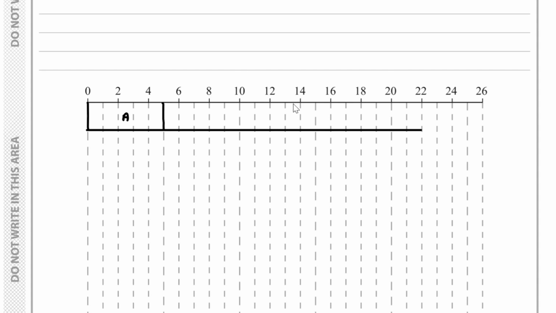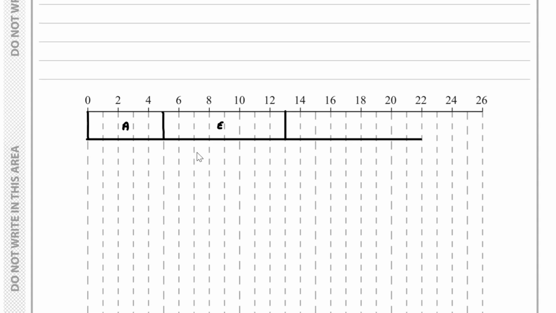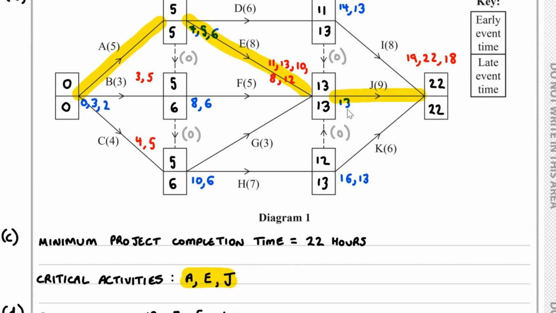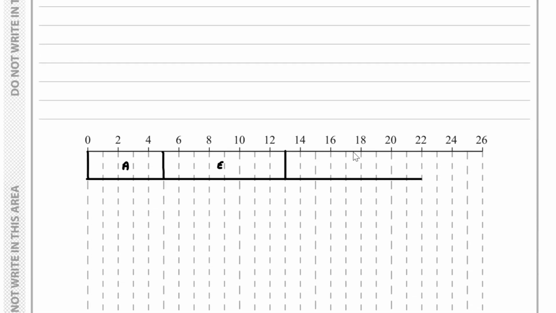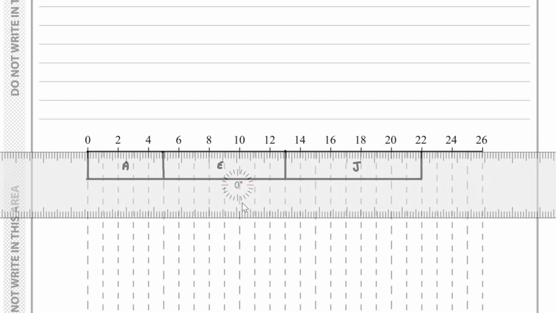So here we've got E, and then we've got as well J, which takes us up to 22. So here we've got J. Okay, and let's just add on the line over here.